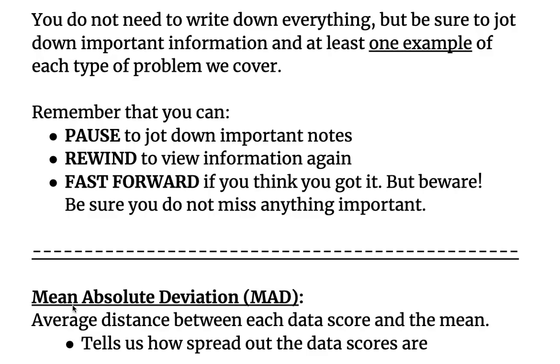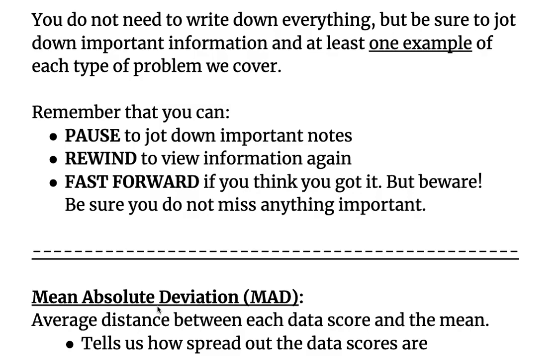So it involves the average, the distance, and then deviation just basically says how far away you're deviating. So it's another kind of way to talk about distance. But remember, the absolute part tells you that it's going to be a positive value every time because distance is always positive. So that's all that means. We're talking about the distance away from the average.